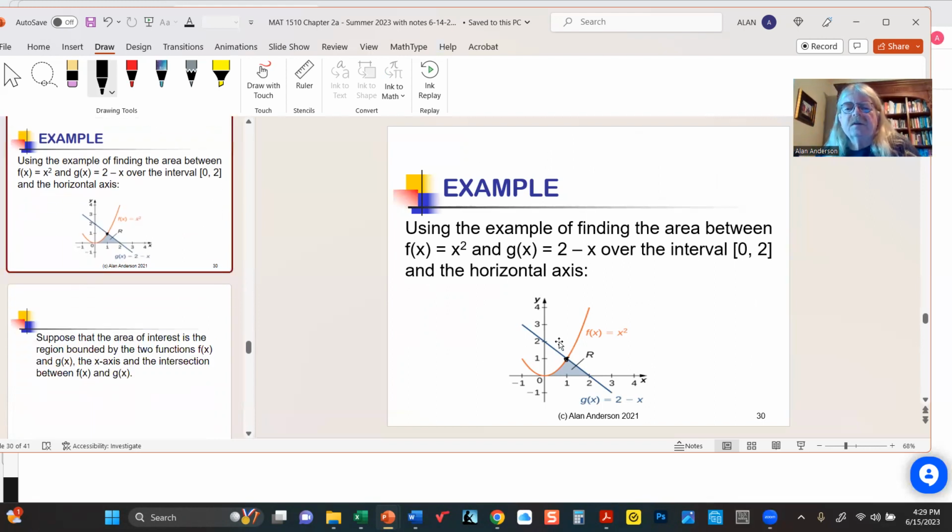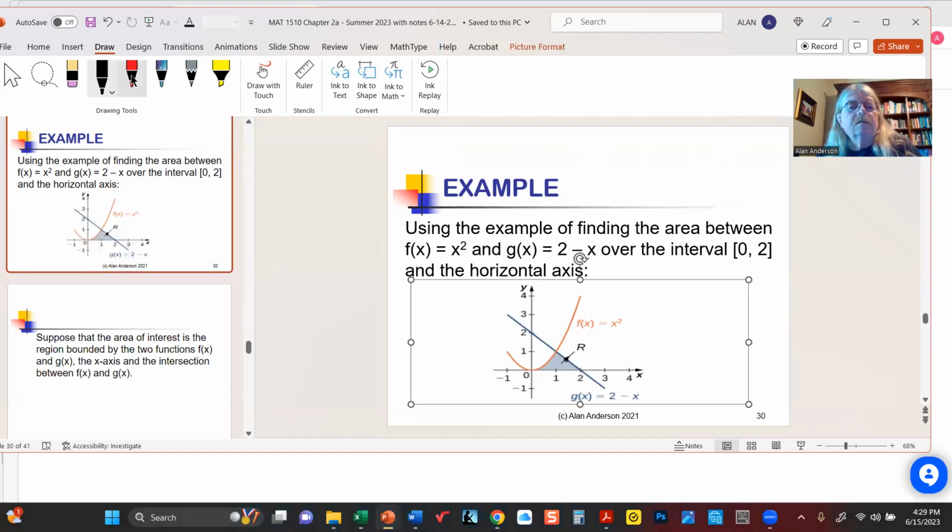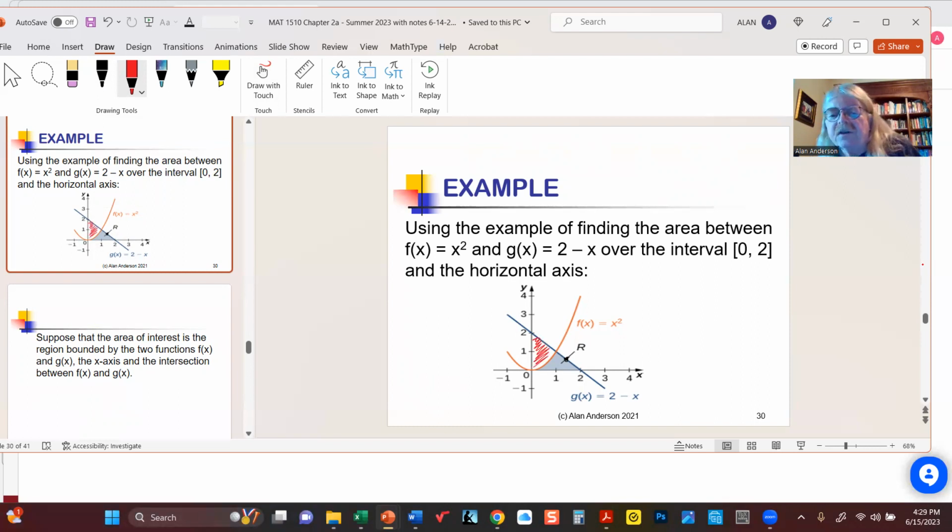So basically what we're doing now is looking for this shaded red region. In other words, instead of blue, we're looking for red. Now, just by ridiculous coincidence, it looks like the limits of integration are the same, but that doesn't always work out that way.